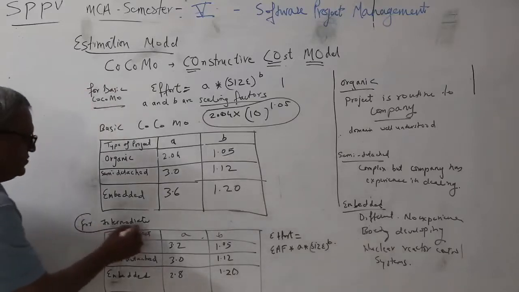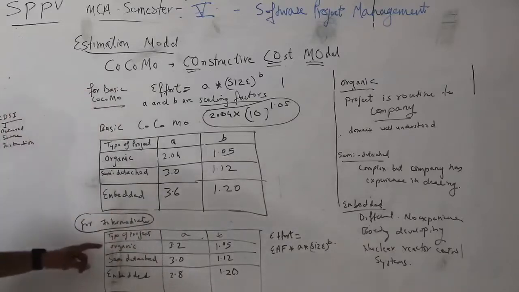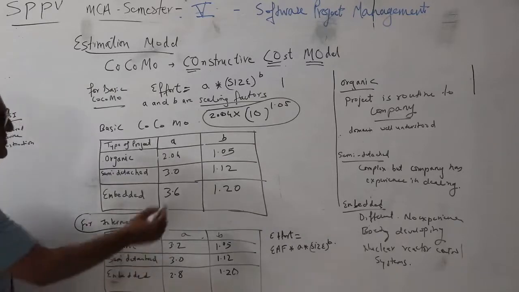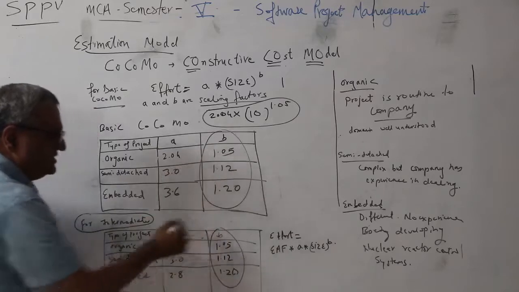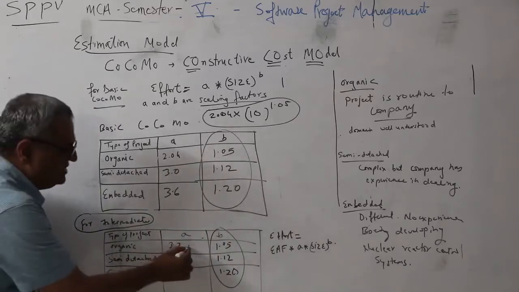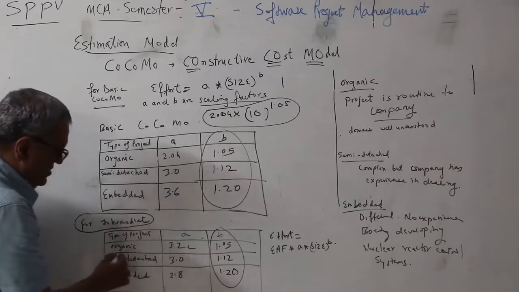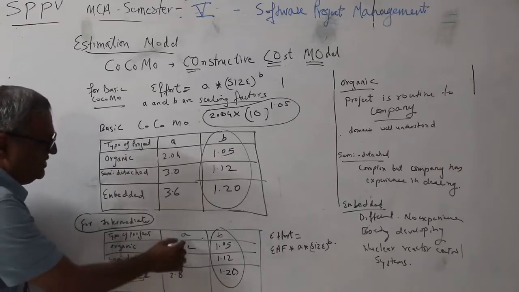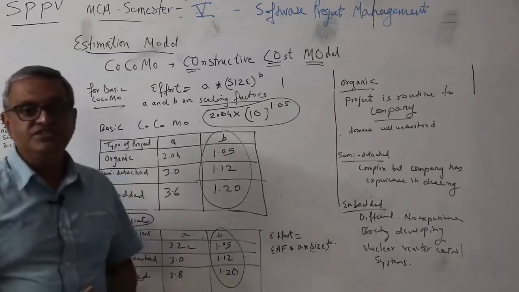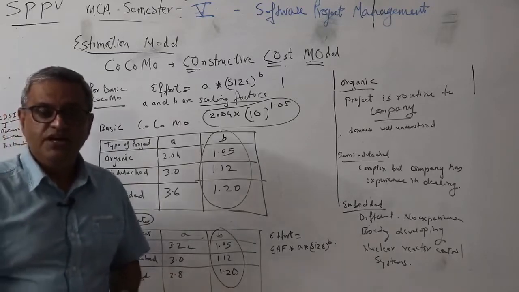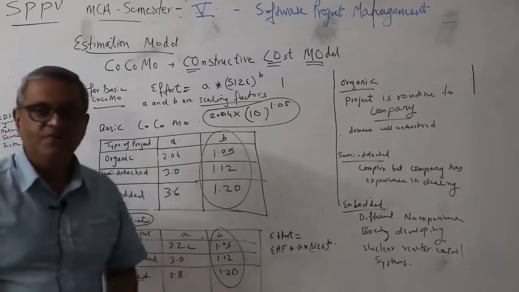For intermediate COCOMO, what changes is, if you see, your B for intermediate COCOMO remains the same, whereas there is a marginal change for organic and embedded in terms of A. But what actually changes in intermediate COCOMO is the basic formula.